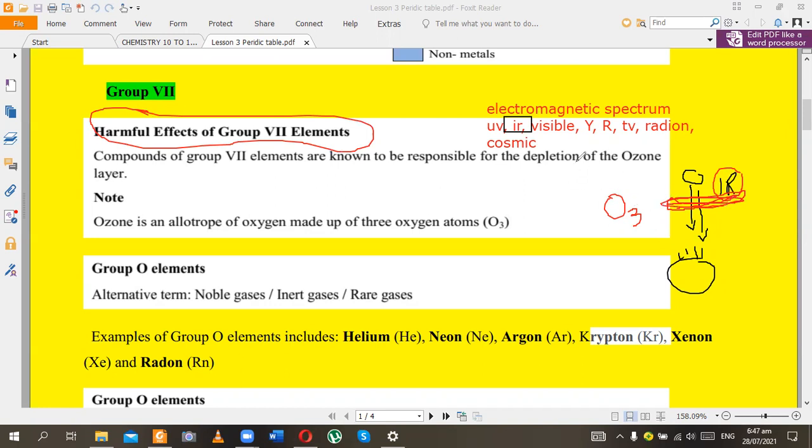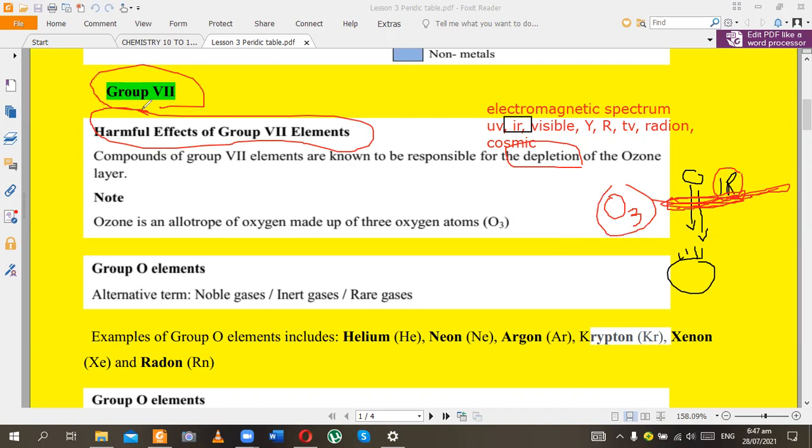Now, when you say depreciation of the ozone layer, what we're talking about is that this layer, which used to be thick, is now becoming very thin. Why? It is because of the reaction of the ozone layer with these group 7 elements.